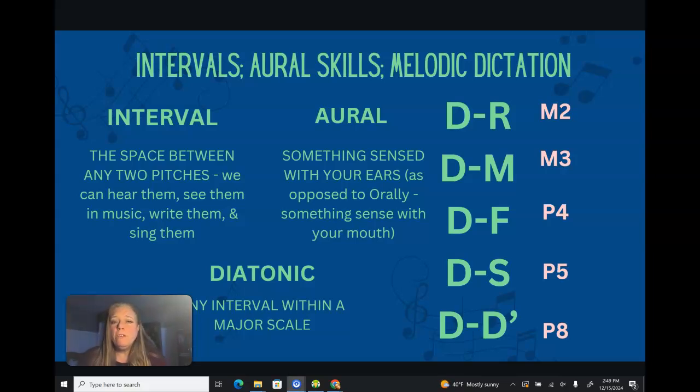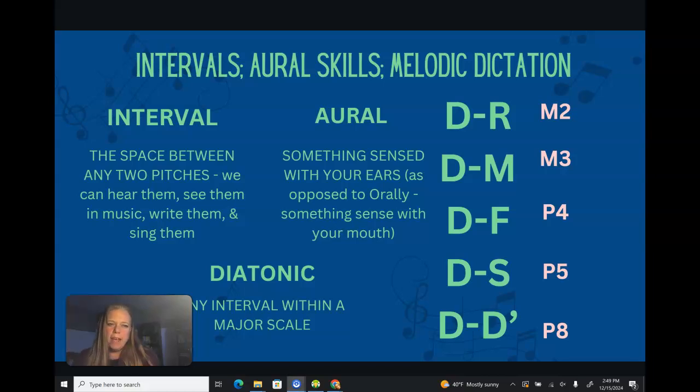So what you need to know, and I've put them in pink along the sides, is that we're going to learn how they relate to each other in a scale, but you can hear these intervals and we have specific names for them. So in music, we count differently than you may think. When I'm counting from do to re, that's a second because there are two pitches there.